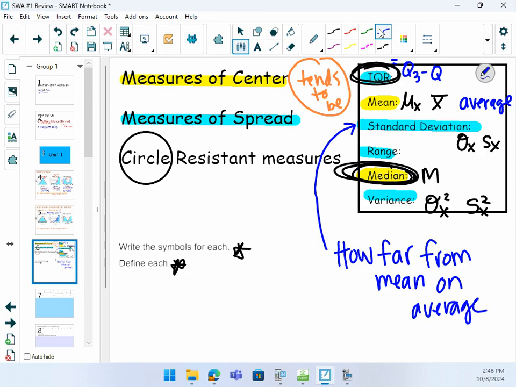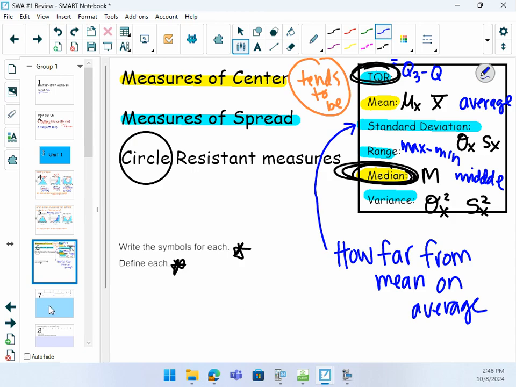So some data values are very far away from the mean and some are not. The range is your max minus your minimum value, and your median is the middle number. And honestly, I don't really care about variance. The variance is just the squared standard deviation.